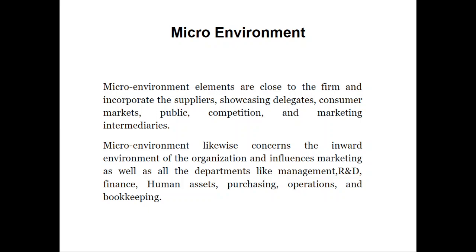Microenvironment likewise concerns the inward environment of the organization and influences marketing as well as all the departments like management, R&D, finance, human assets, purchasing, operations, and bookkeeping.